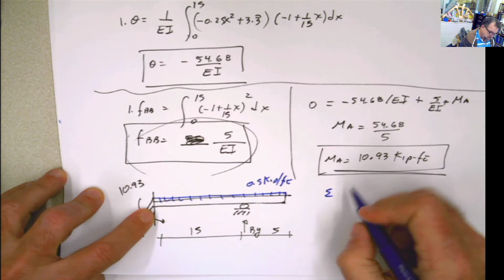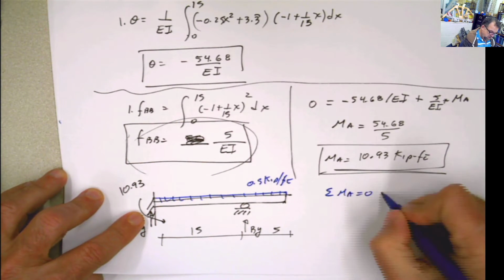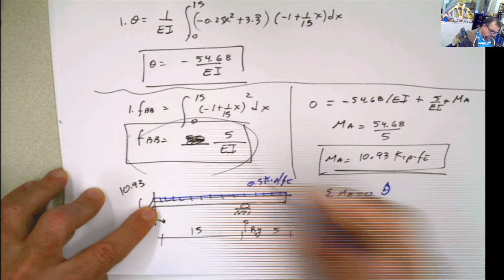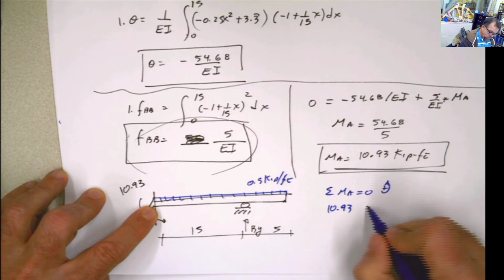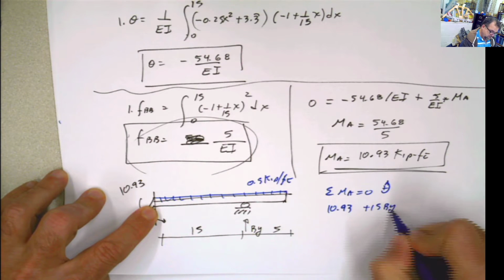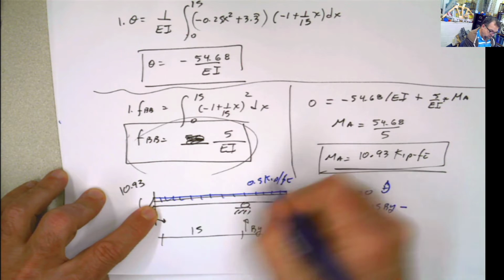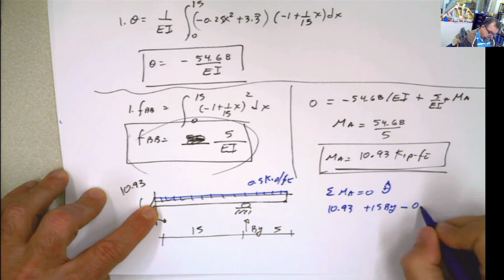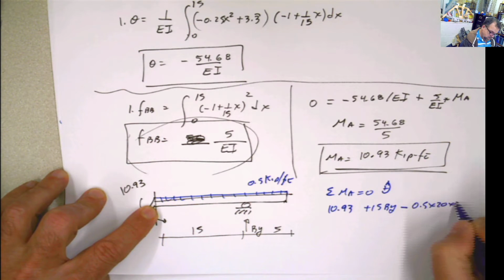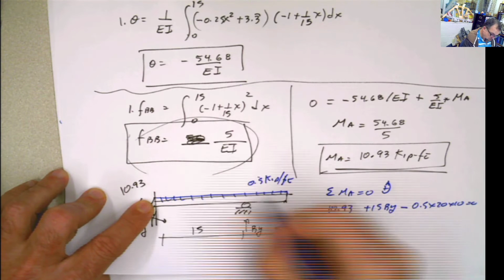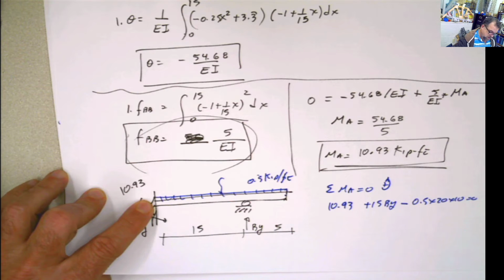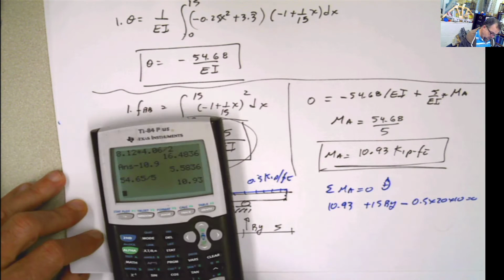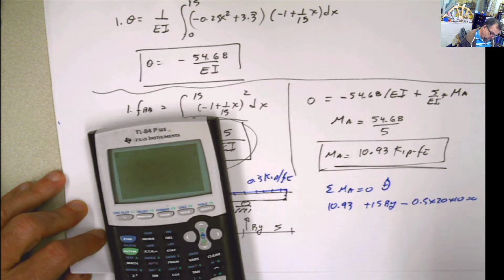Summation of moments at A equals 0, like that, and then you have 10.93, which is the moment that you already know, plus 15 By, minus 0.5 times 20 times 10 equals 0. Then you can solve for By, and hopefully it's going to be the same.